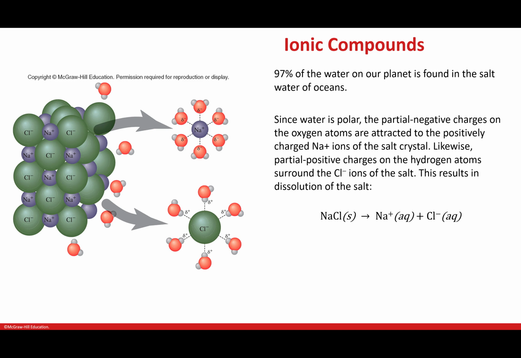What charge is nitrogen while you're there? Negative 3. Perfect. So that's the sort of thing you're probably going to want to remember as we're doing these. I think we talked a little bit about polyatomic ions.